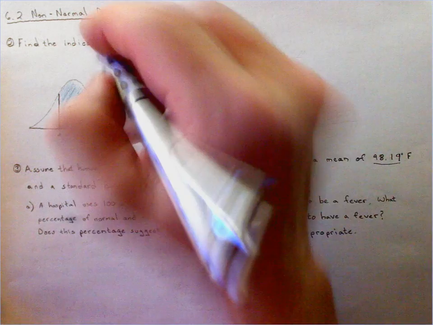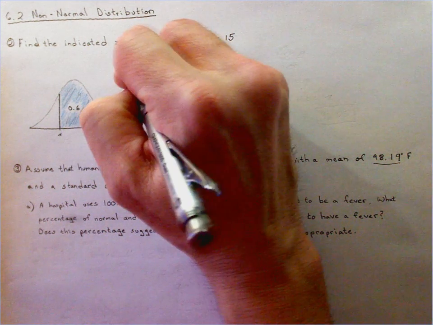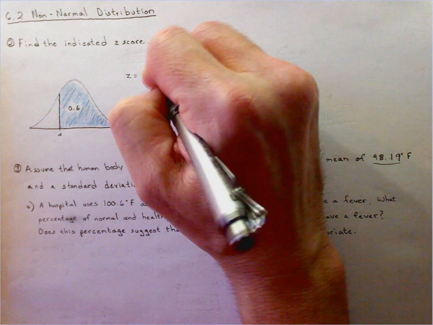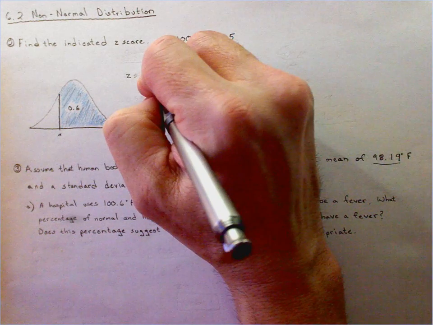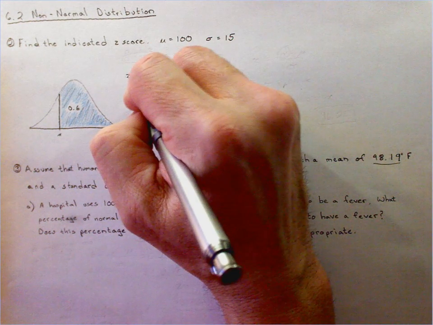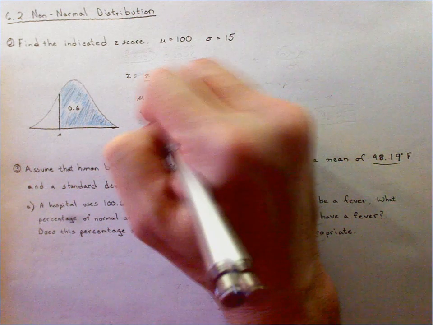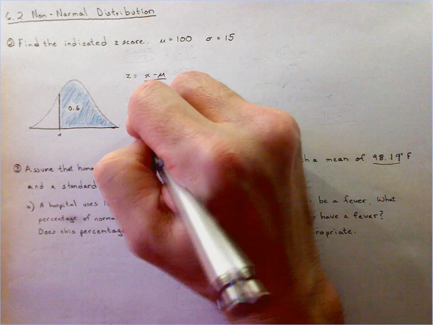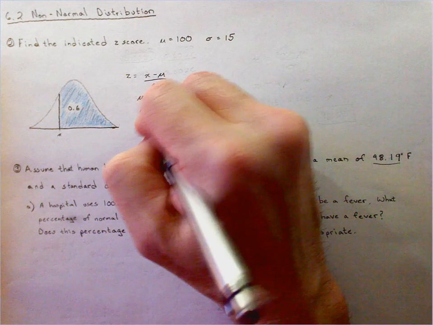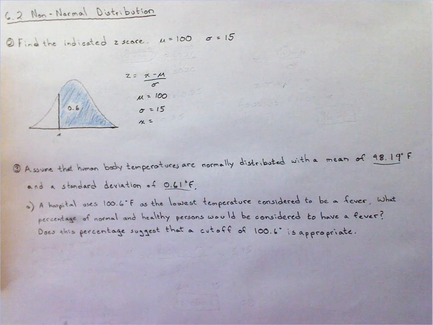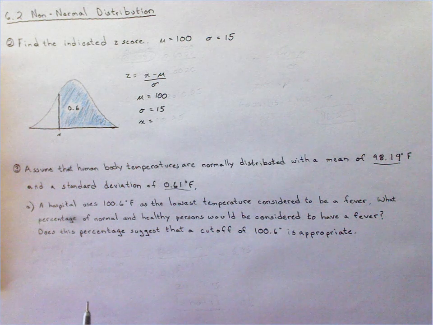So with this, I know that z equals x minus mu over sigma, and mu equals 100, sigma equals 15, and x I don't know. Can I find x? I don't think so. So this one's going to be a little bit backwards.